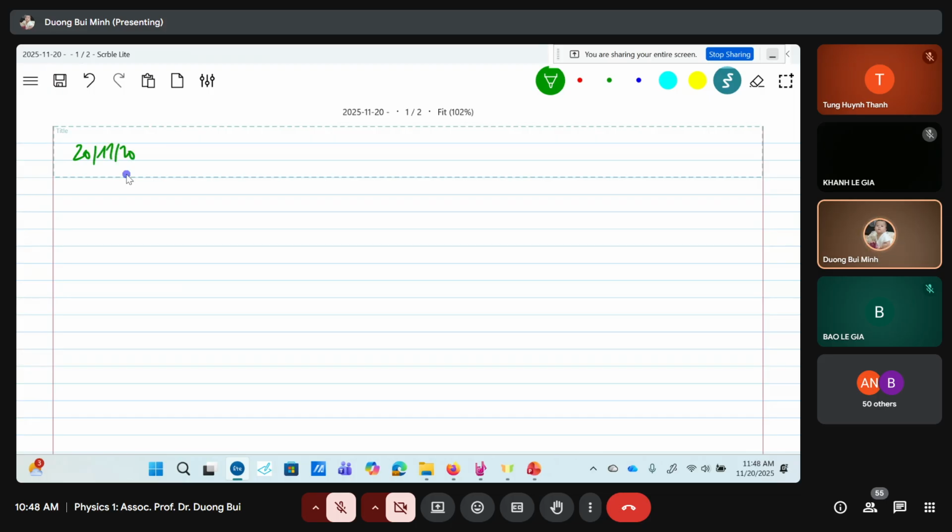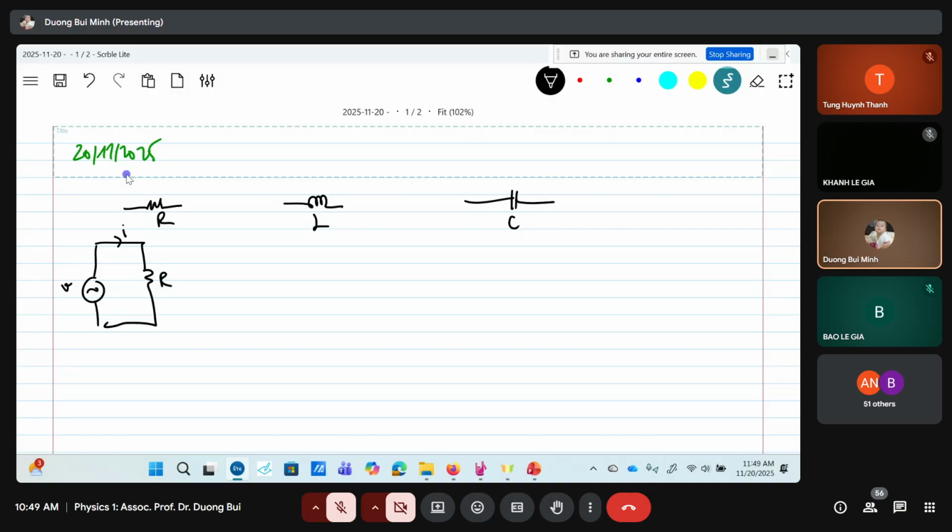When we mention electrical components, we have resistor, right? We have inductors and we have capacitor. If we have the voltage, this is R and this is V and this one is I. We have this switch here.